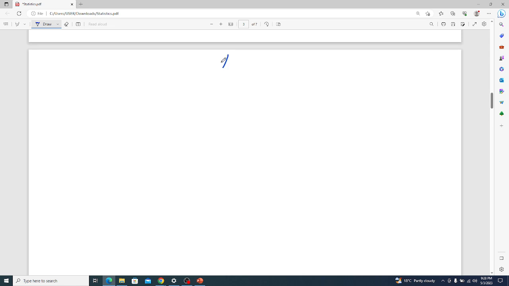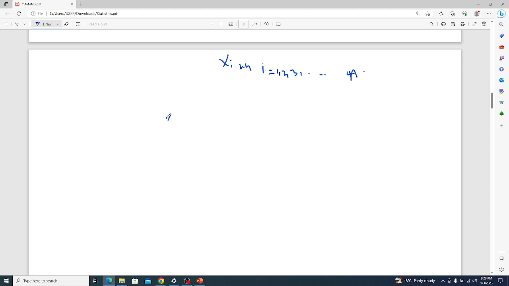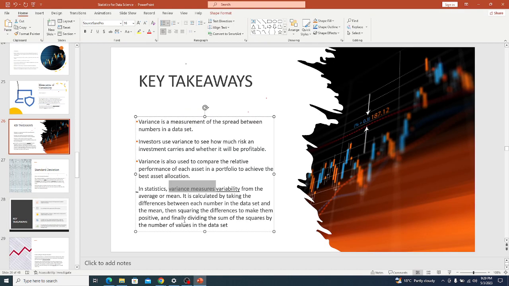Let's say we have some values x i, where i is equal to 1, 2, 3 up to n. It is given by x i minus x bar, because we only have one mean.